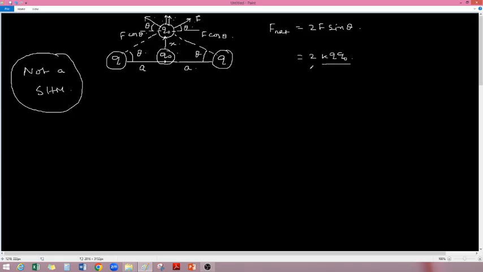The distance will be square root of a squared plus x squared, because it's the hypotenuse. Sin theta will be opposite by hypotenuse, so x divided by, here I forgot a square here.